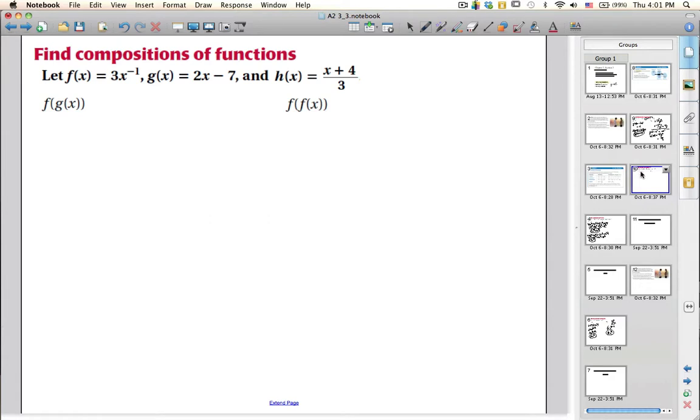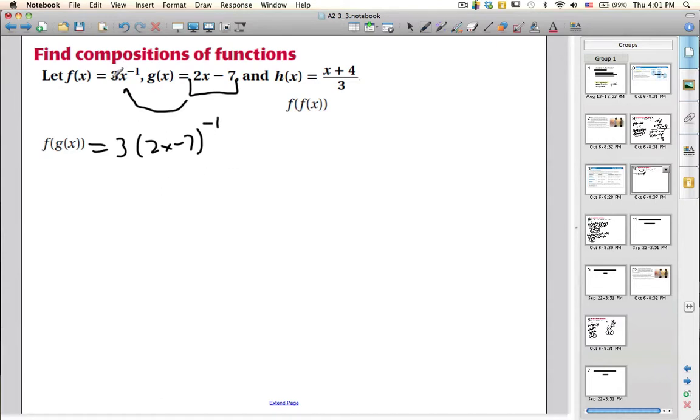Okay, to show you this one more time, if I want to find f of g of x, I'm going to take g of x, I'm going to plug it into the f function in place of x. So f of g of x will be equal to 3 times 2x minus 7 to the negative 1 power.